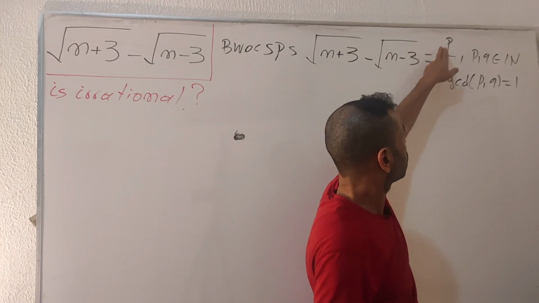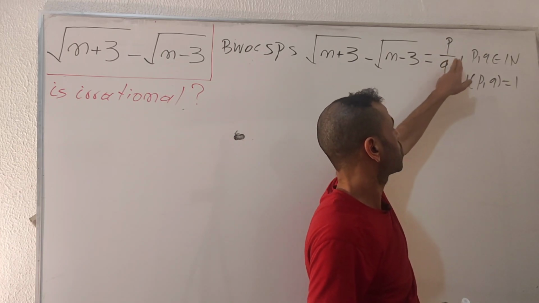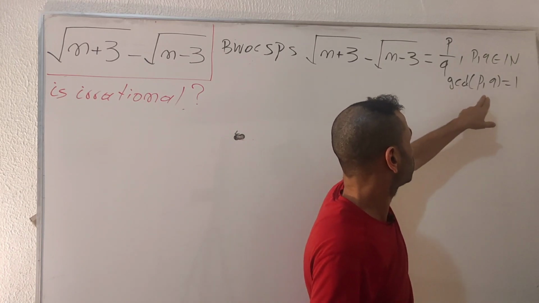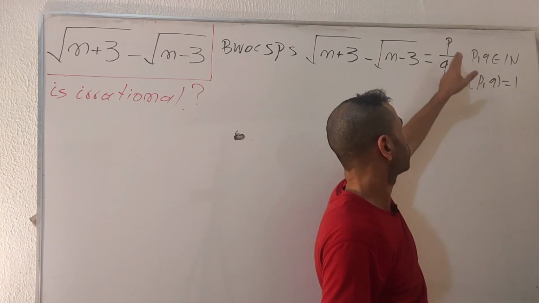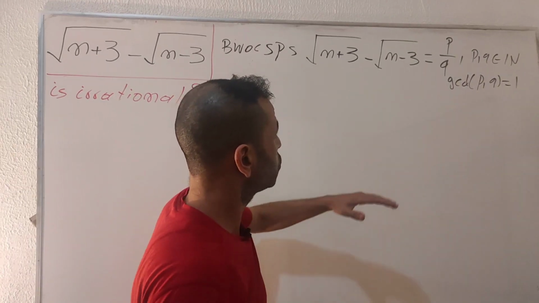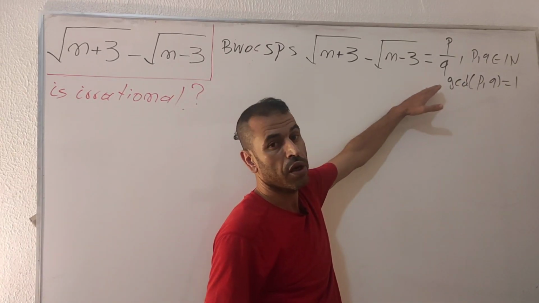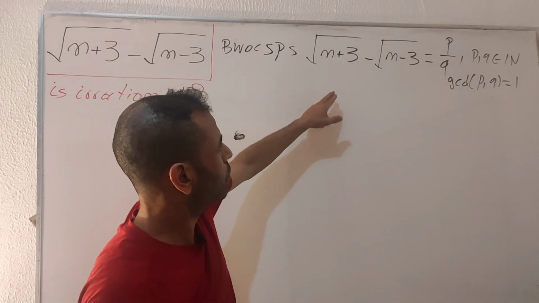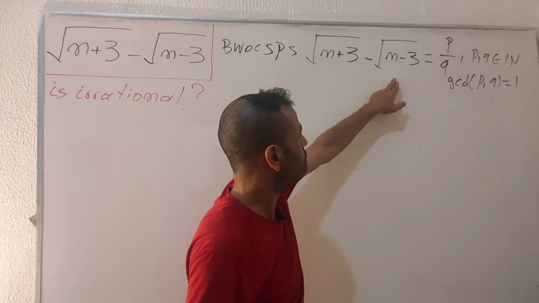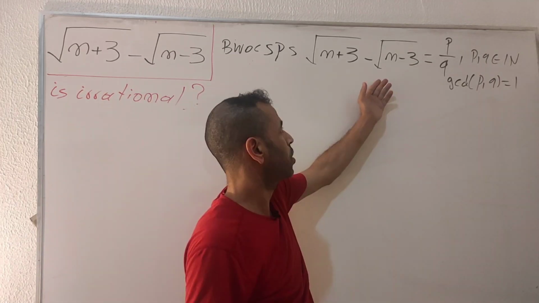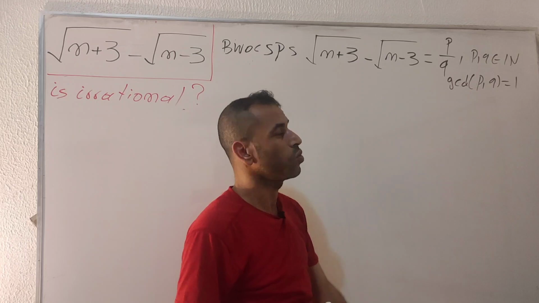So this fraction is reduced to the smallest fraction possible in order to get GCD of p and q equals 1, which means q does not divide p. We are going to take this as a tool, then we build our proof. If you take a look, we have a difference of radicals here. So if I multiply this by the conjugate, a new thing will come up that is going to help us.